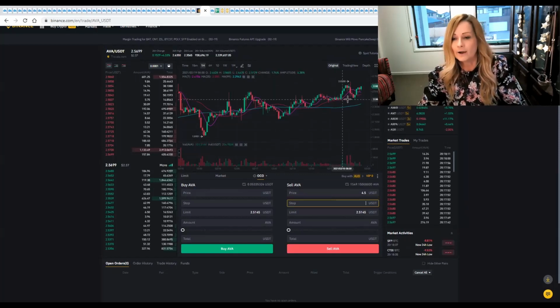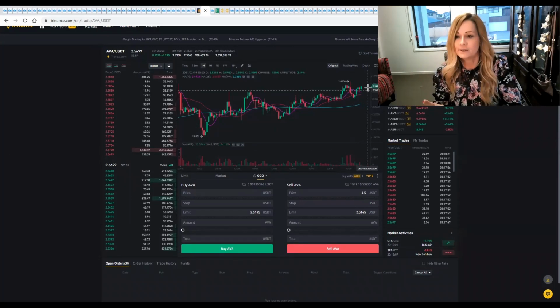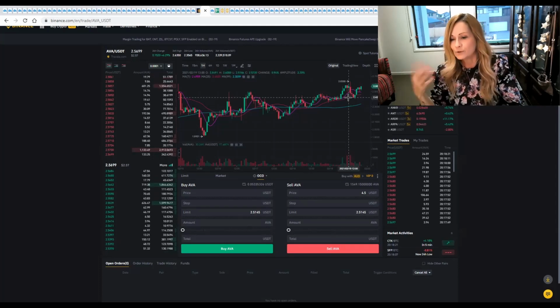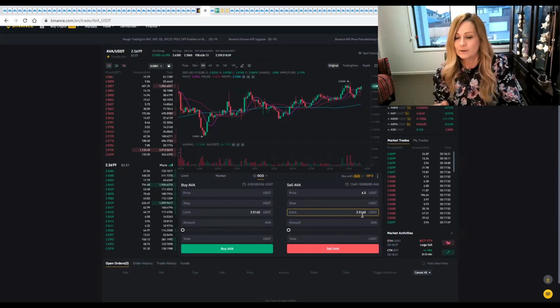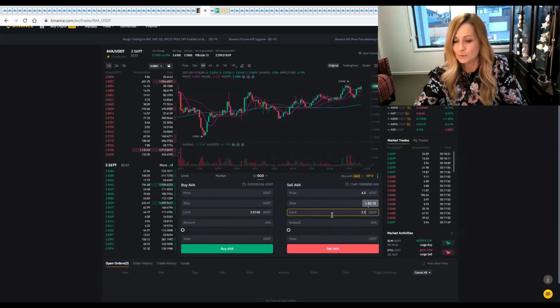I want to know how far, so say I entered in this range here on this cross support. I'll show you how to do that in a second. Now this price here is 2.4, so we want that underneath that region. So at this point, we want 3%. So say 3% is 2.1.